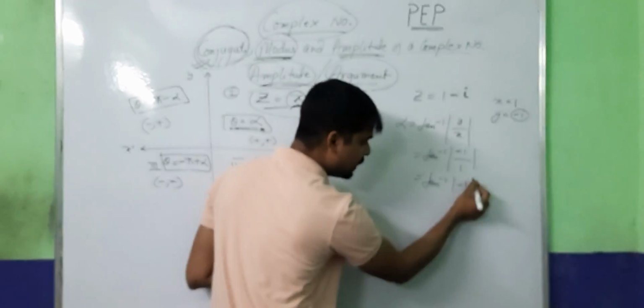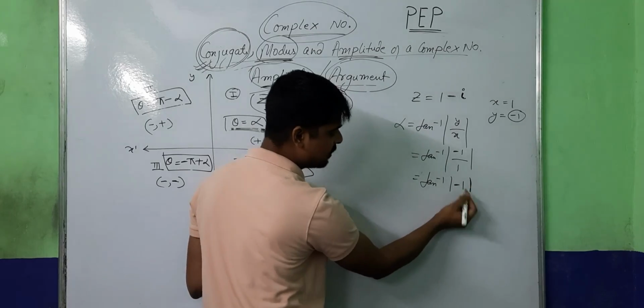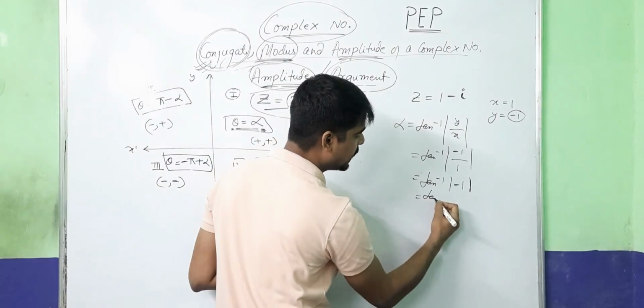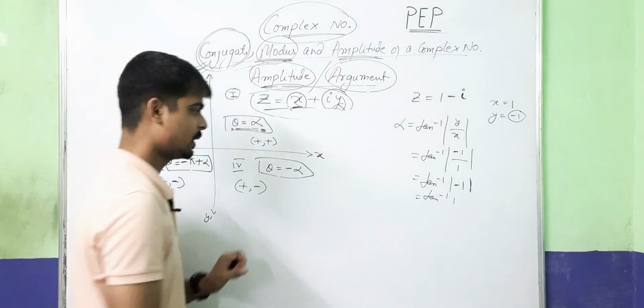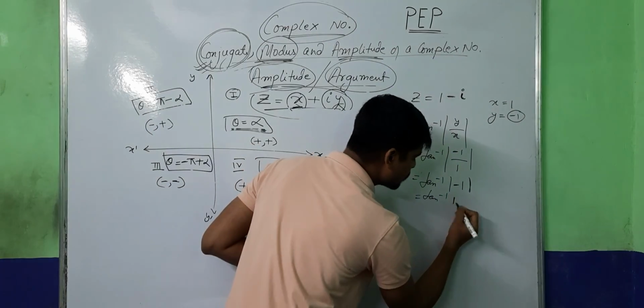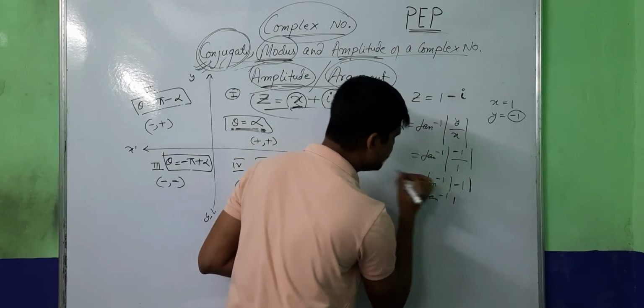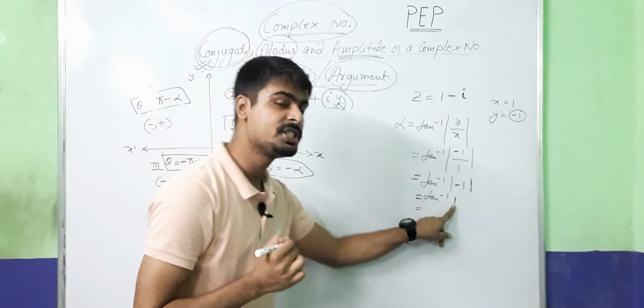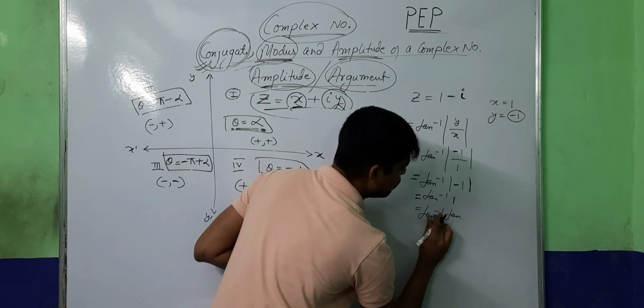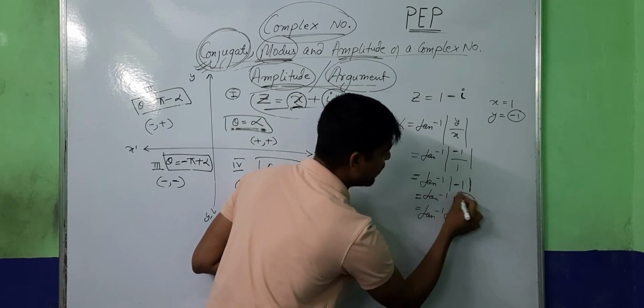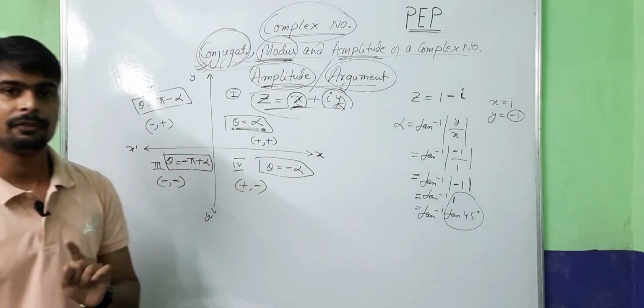In mod, if your number is negative, after solving mod it will become tan inverse 1, positive. And which angle of tan will give you 1? You get tan 45 equal to 1.